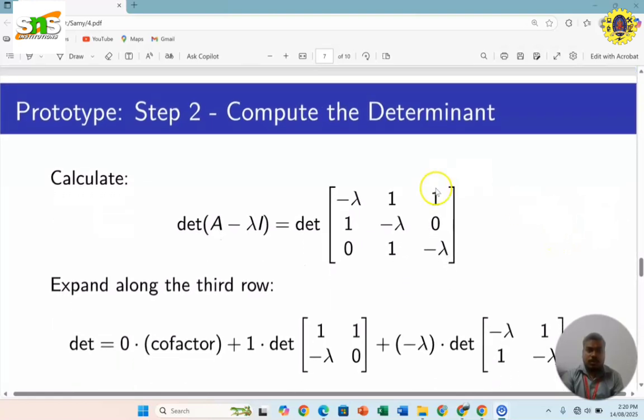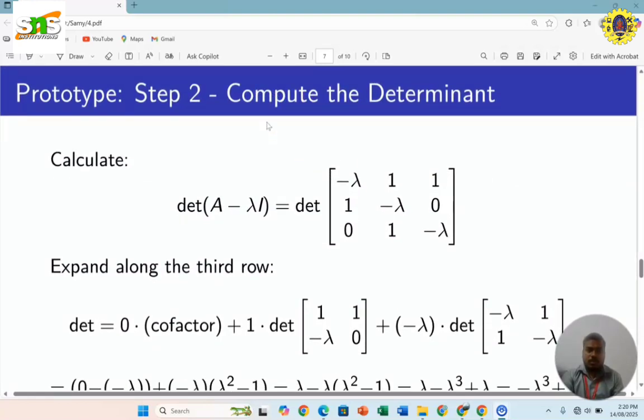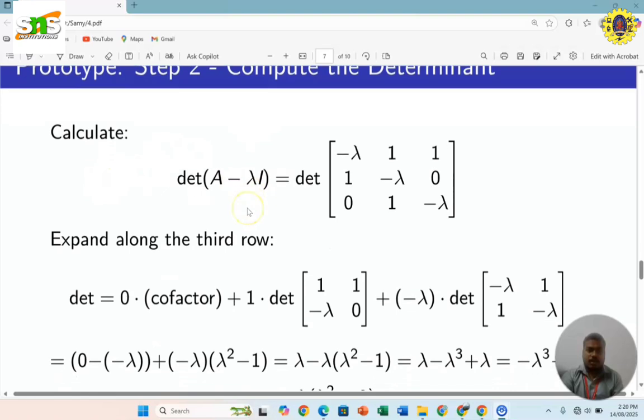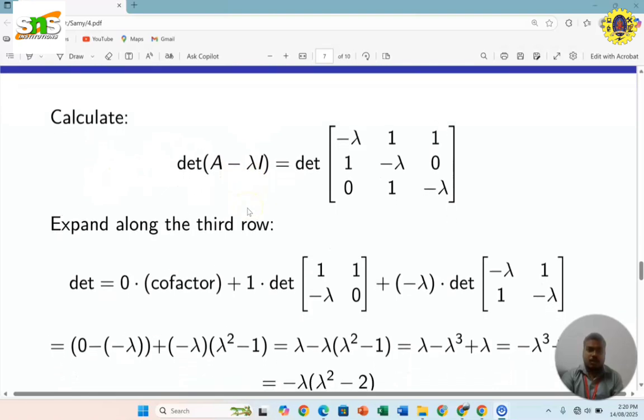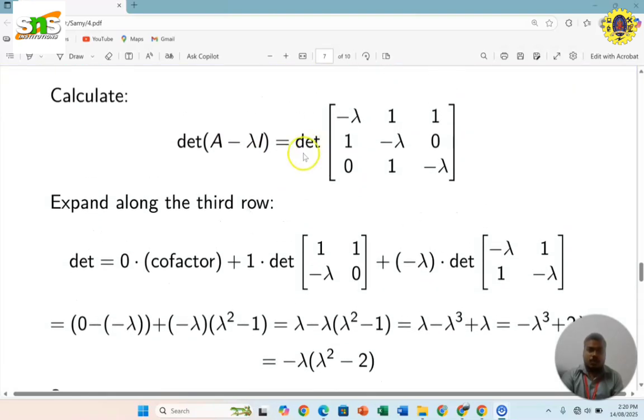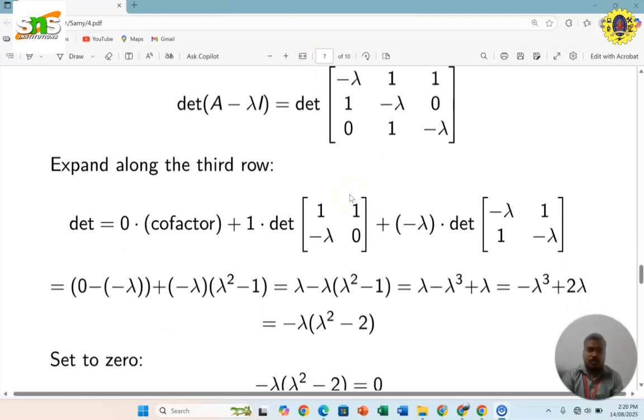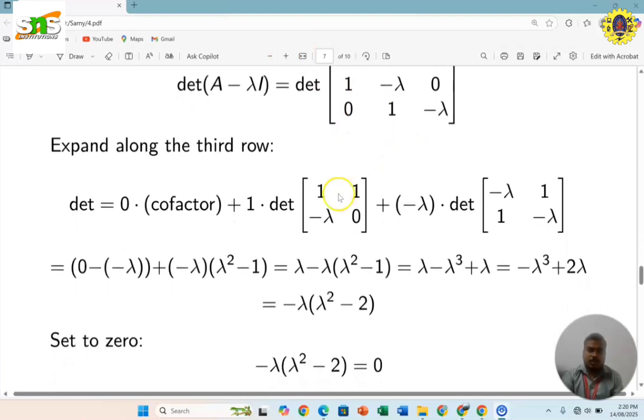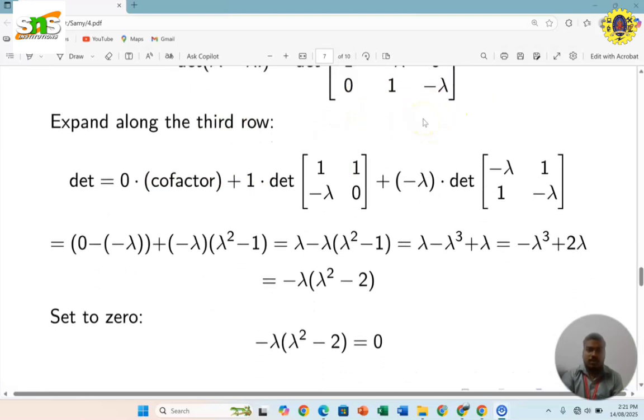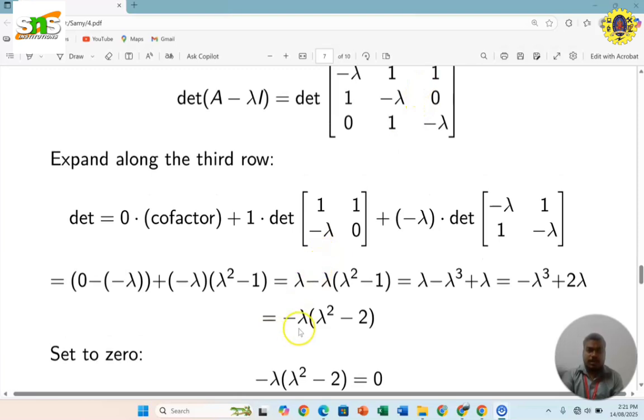Step 2, compute the determinant. Determinant of A minus lambda I equals the determinant of minus lambda 1 1, 1 minus lambda 0, 0 1 minus lambda. Expanding along the third row, the cofactor gives minus lambda into lambda squared minus 2.